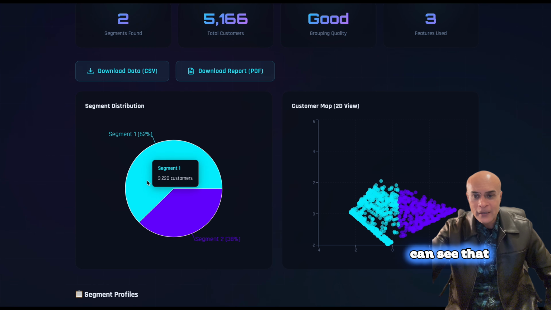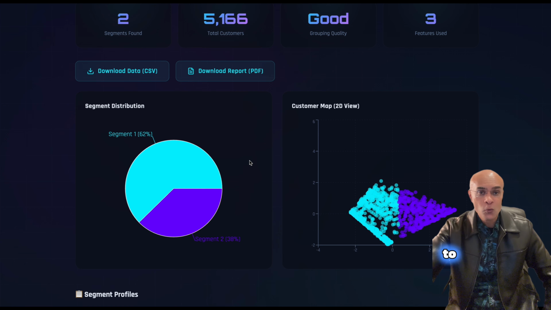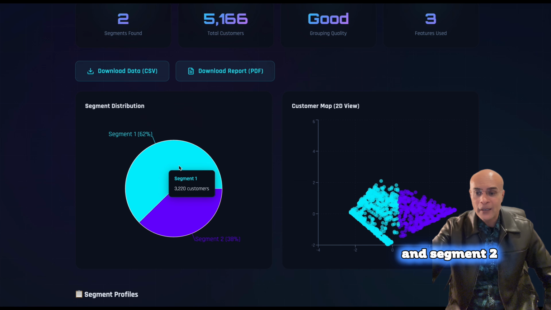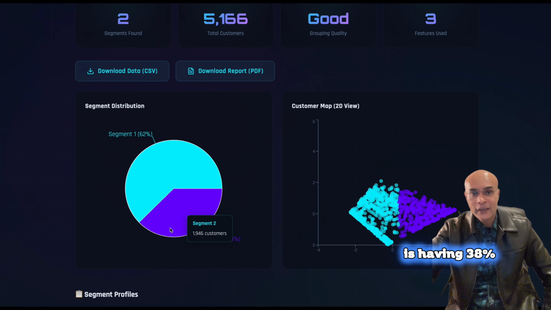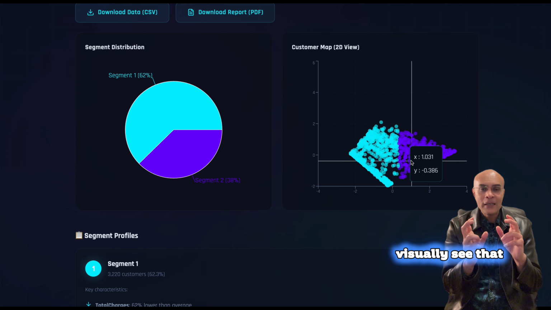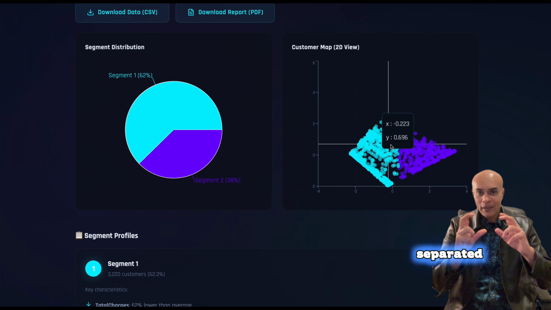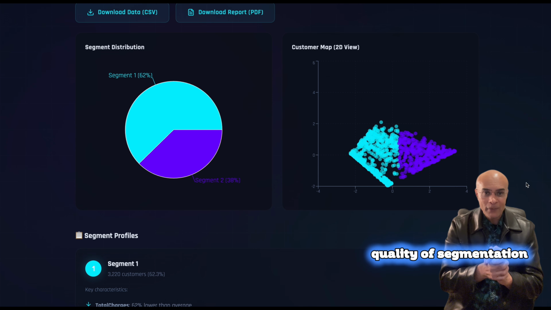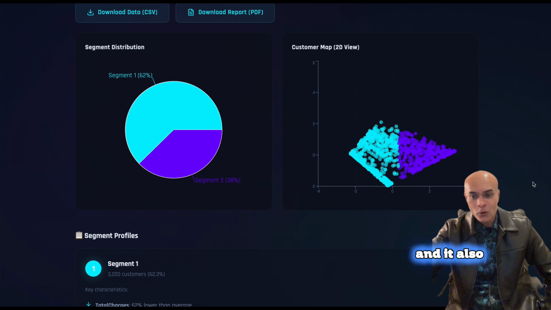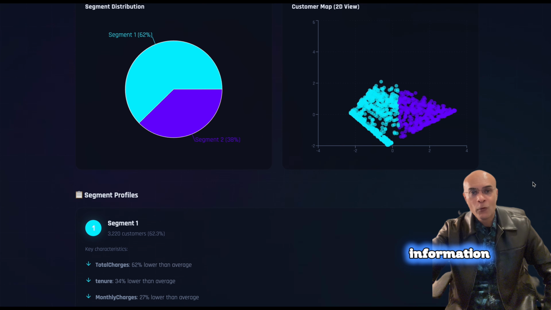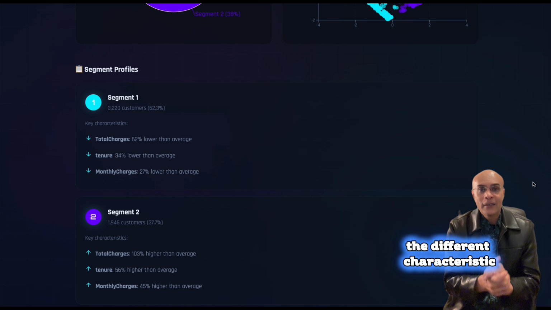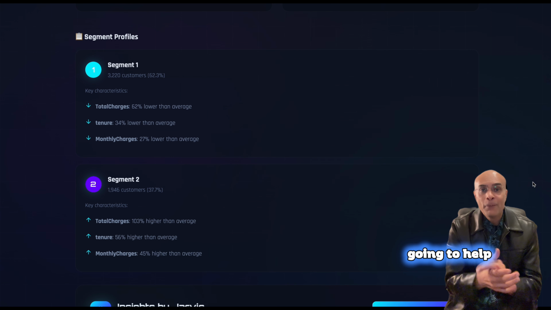Segment 1 corresponds to 62% of customers, and segment 2 has 38% of customers. In addition, you can visually see that these segments are separated, which means the quality of segmentation is good. It also gives very interesting information about the different characteristics of each segment, which is going to help us understand what these segments mean.